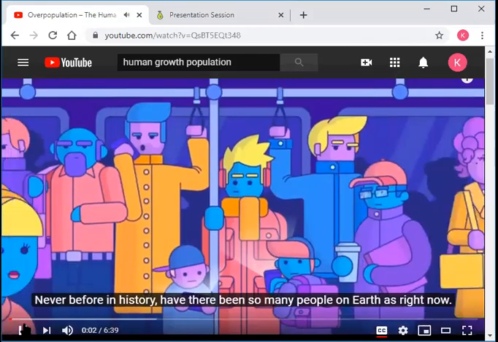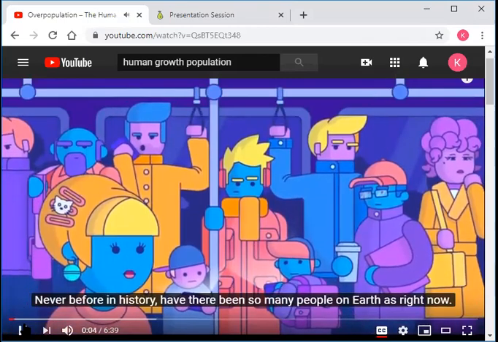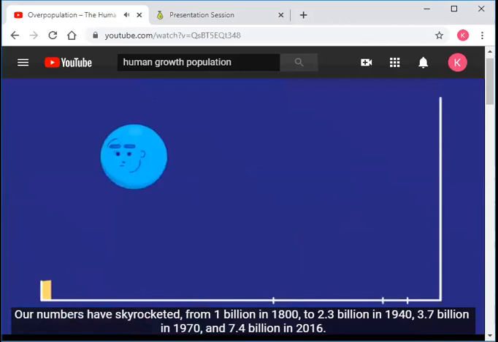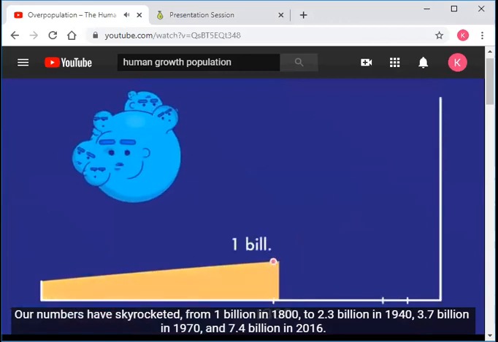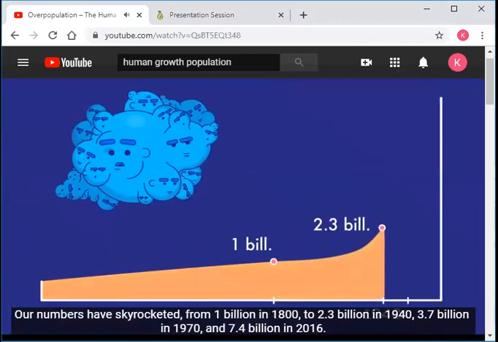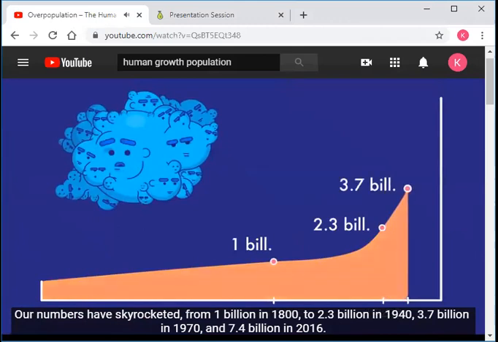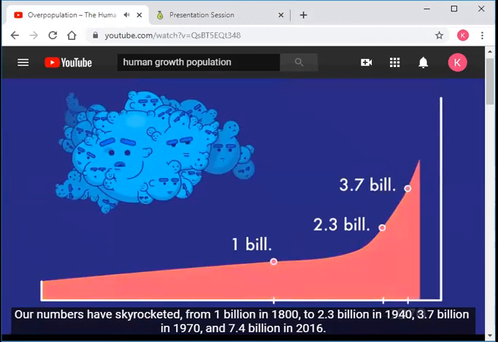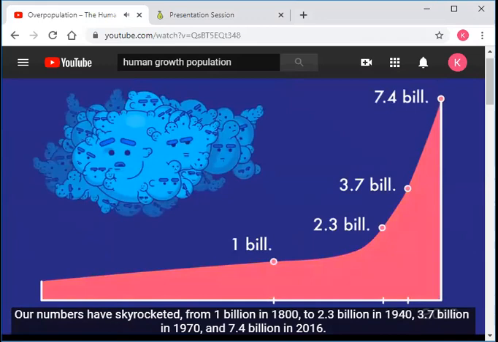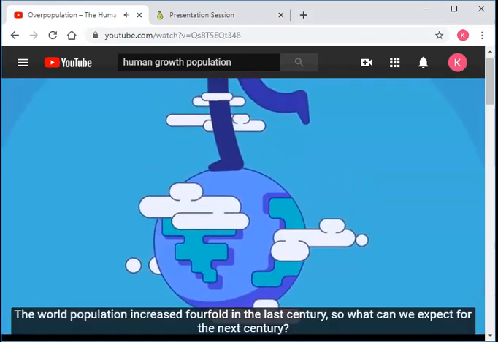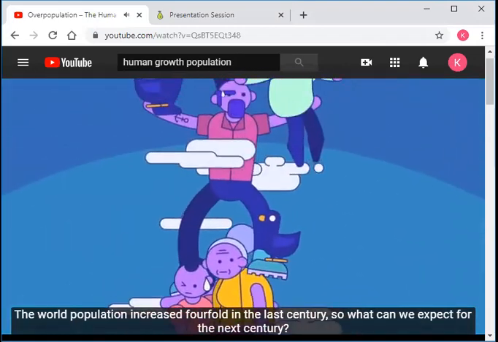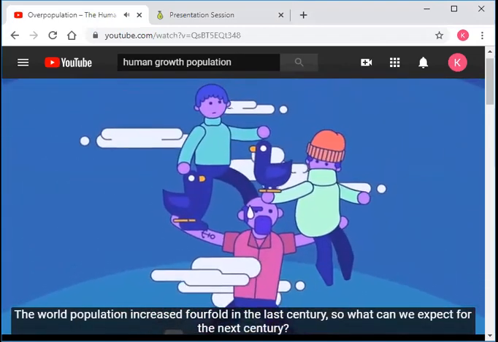Before in history have there been so many people on Earth as right now? Our numbers have skyrocketed from 1 billion in 1800 to 2.3 billion in 1940 3.7 billion in 1970, and 7.4 billion in 2016. The world population increased fourfold in the last century, so what can we expect for the next century?